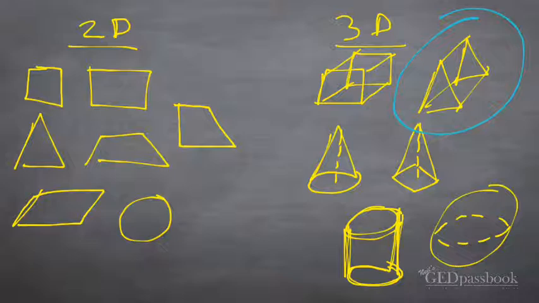Everyone should have their formula sheets out. What shape is this? What shape is this? Really? It's the right prism. You got it. And then the easy one, the rectangular prism, which could be, yeah, rectangular prism.